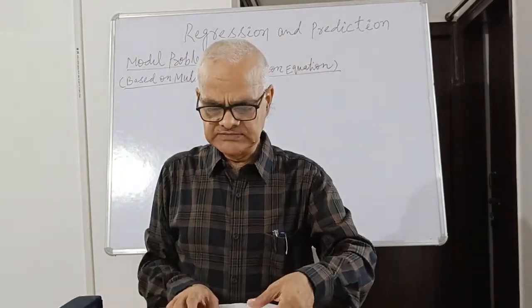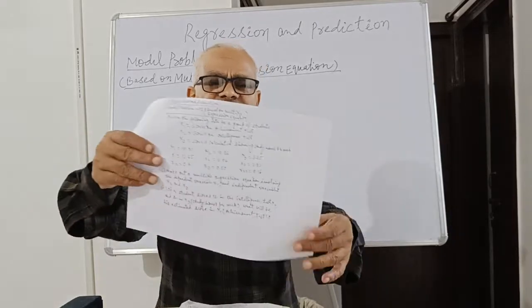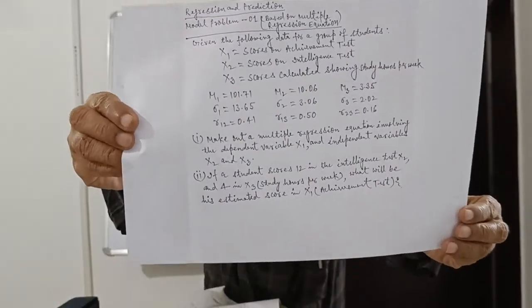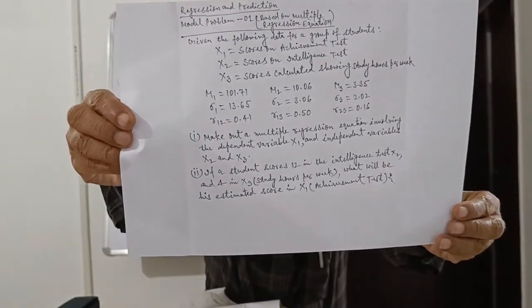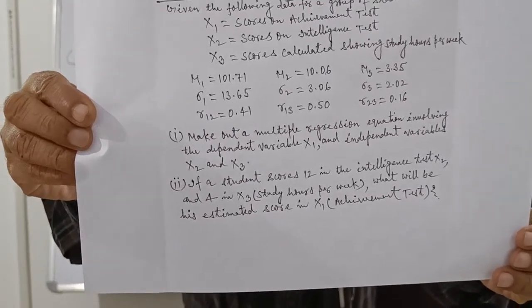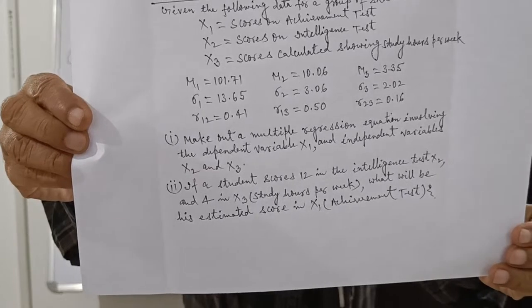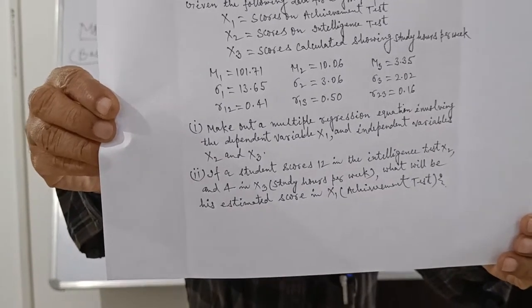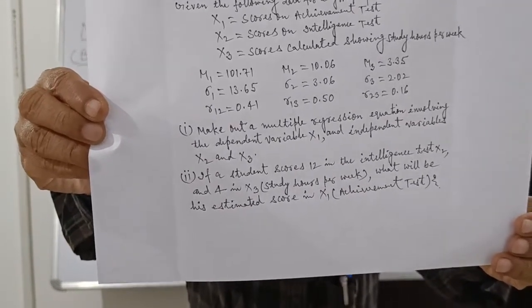You can see the problem. This is the model problem. I think you all are looking at the problem in a better manner. So note down some important data in order to solve the problem.